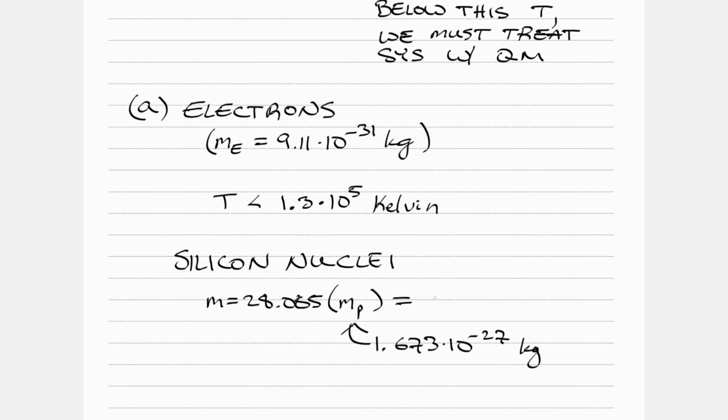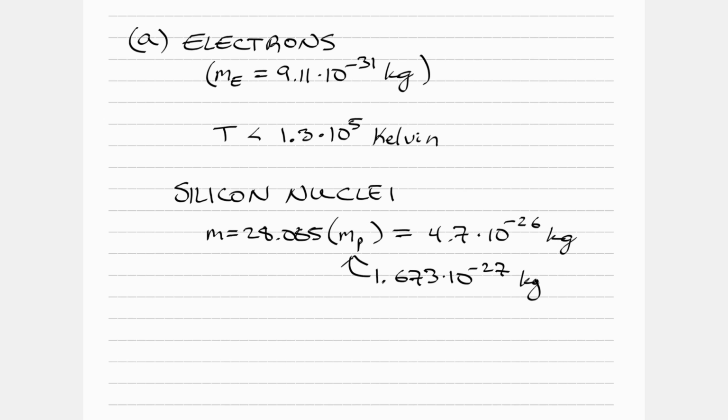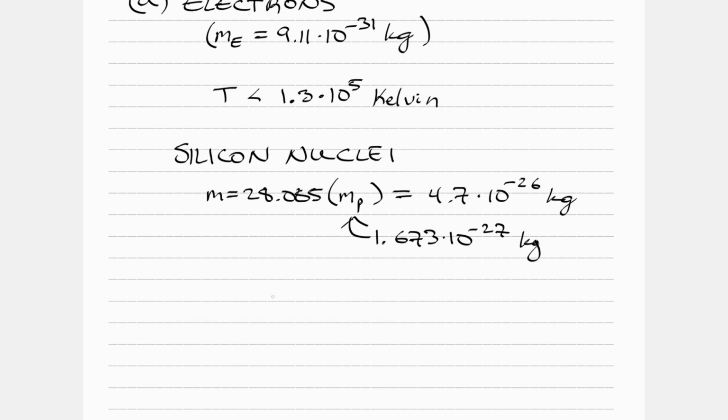And then that is equal to 4.7 times 10 to the minus 26 kilograms. I don't love plugging in numbers, but we're doing it for the sake of this problem. You plug in again, and you find T less than 2.45 Kelvin, we need to use quantum mechanics for the silicon nuclei.